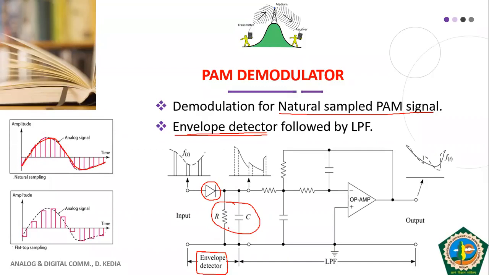We can easily determine that because of the diode, only the positive side signal will be allowed to pass through. Okay, so as the diode conducts, the capacitor charges to the corresponding value of the top of the pulse. Okay, you can see here that the capacitor has charged during the duration of the pulse where it is active.